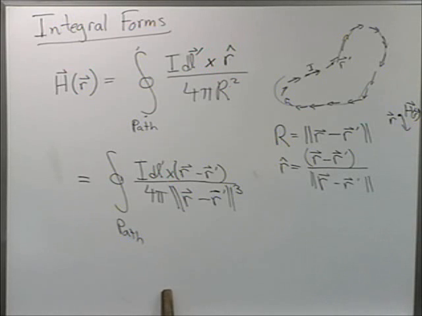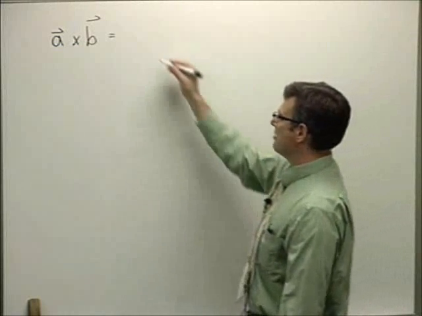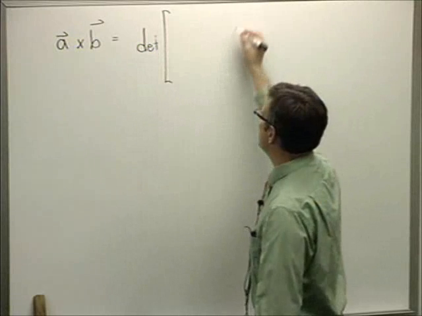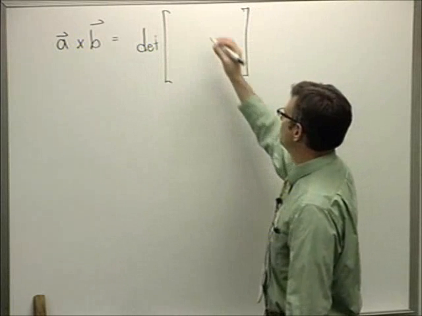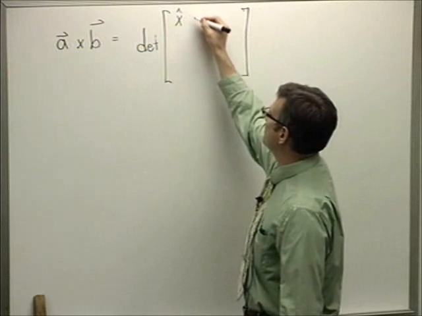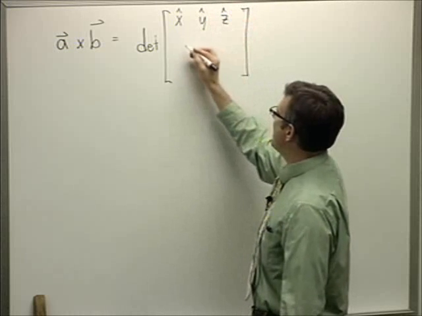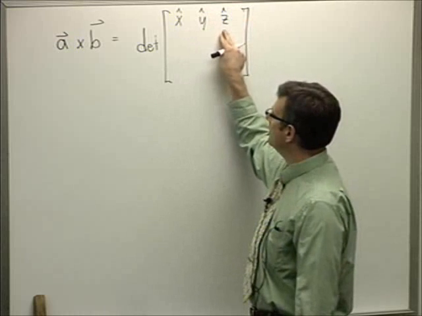Well, there's a couple different ways to compute this. The one I always like the most is that determinant method, where you take a 3 by 3 matrix. You put x hat, y hat, z hat on the first row.